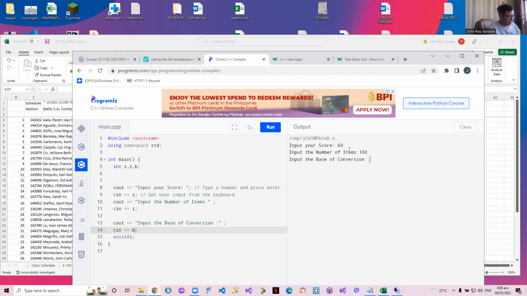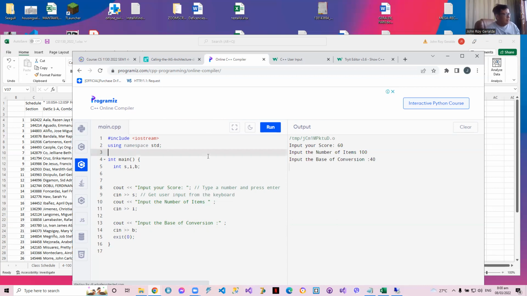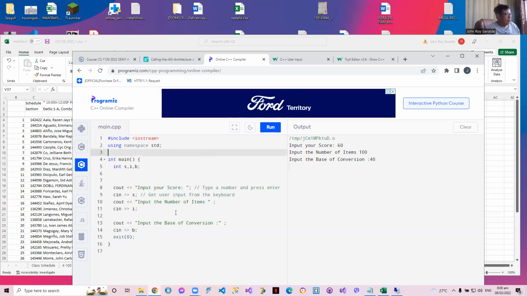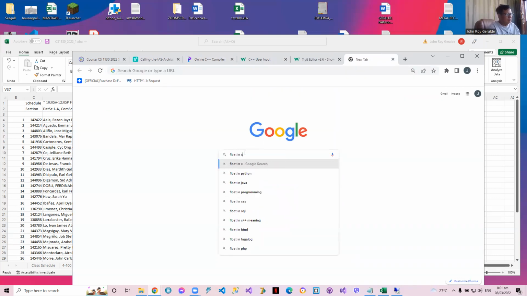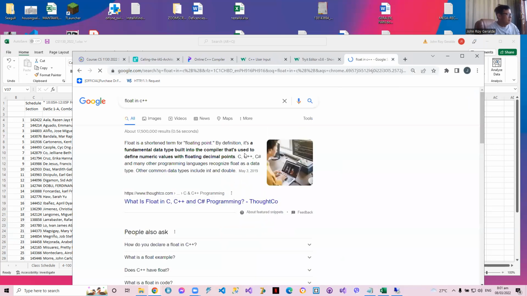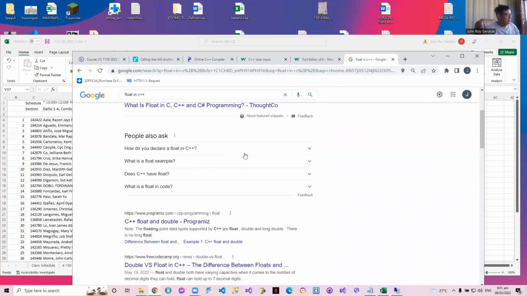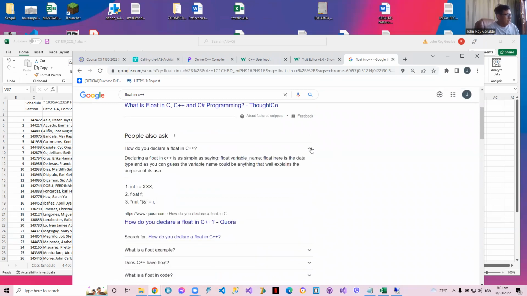This assignment that you're supposed to do, but this time in the analytical engine. Okay, exit works. So how do you compute a grade? What's a float in C++? Float. Okay.